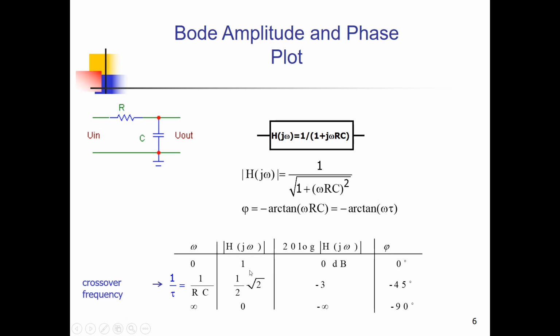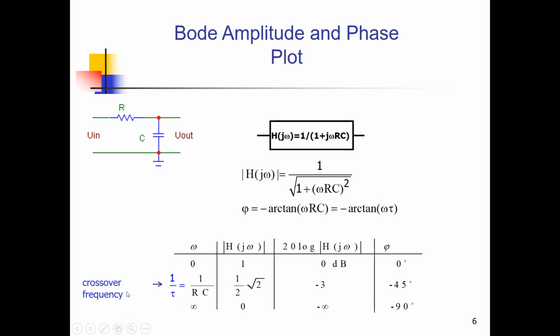Well, 20 times the log of 1 is 20 times 0, which is 0 dB. Well, when the magnitude will be very, very small, we get 20 times the logarithm of a very, very small value, which will be minus infinity. Multiplied by 20 is still minus infinity, so a very large but negative value.